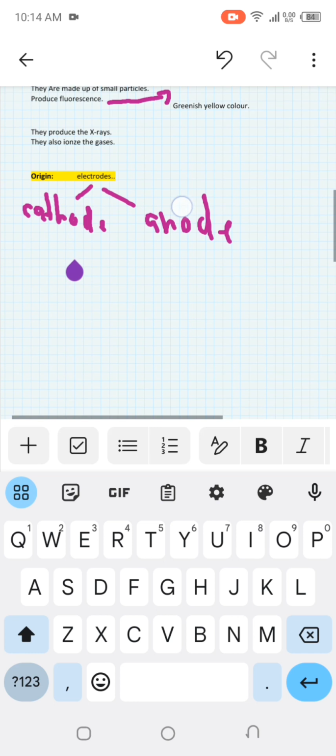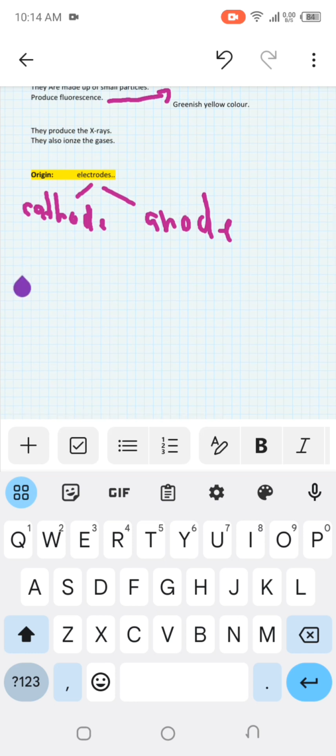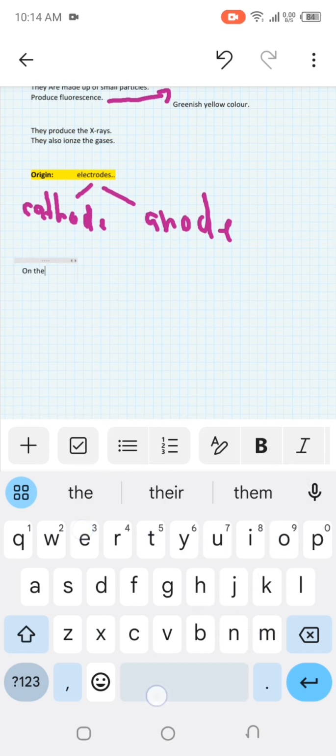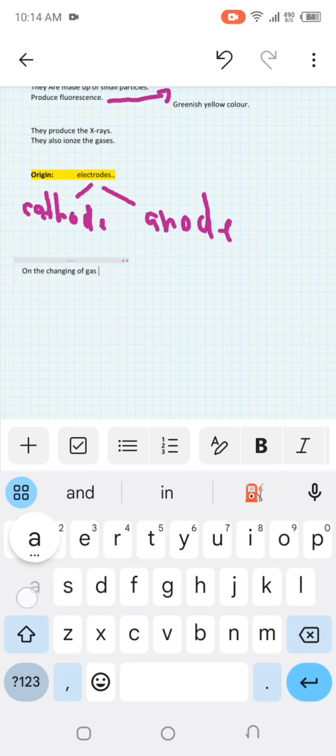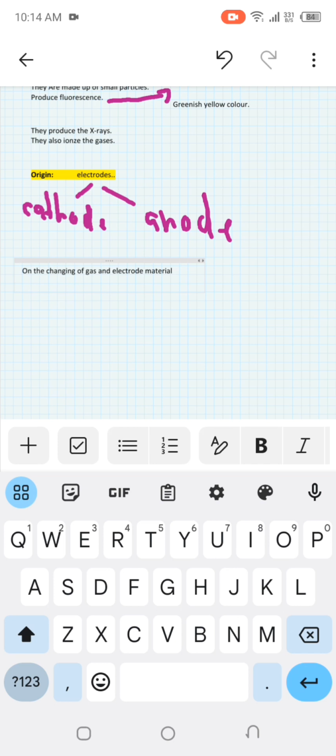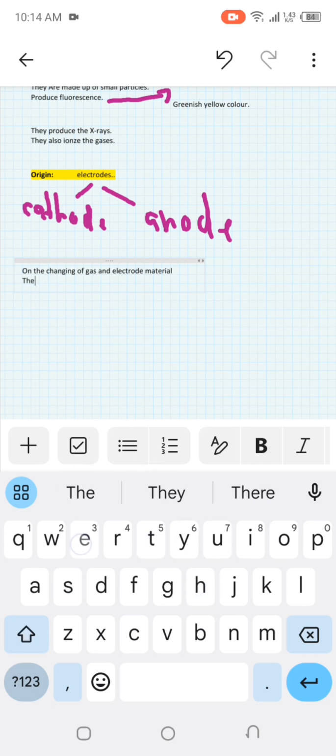Now some properties came again, on the basis of changing the gas and the electrode material. When we change the gas, meaning increase or decrease the gas, and change the electrode material, what will be the effect on the electron? They remain the same.